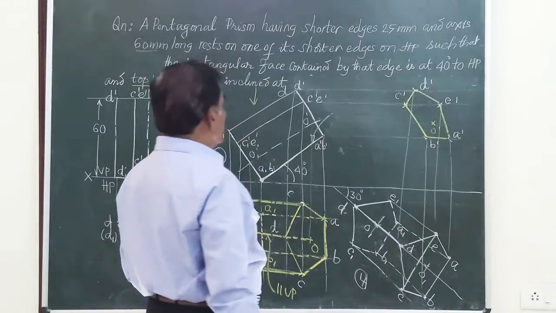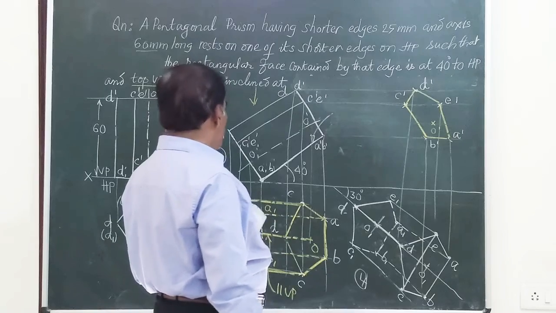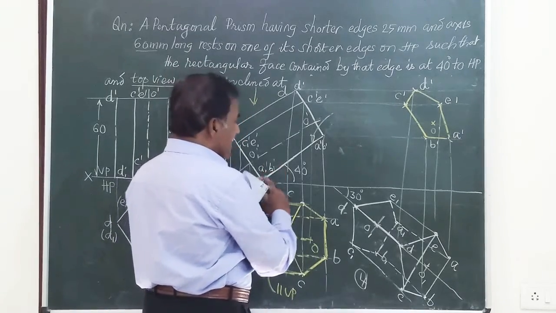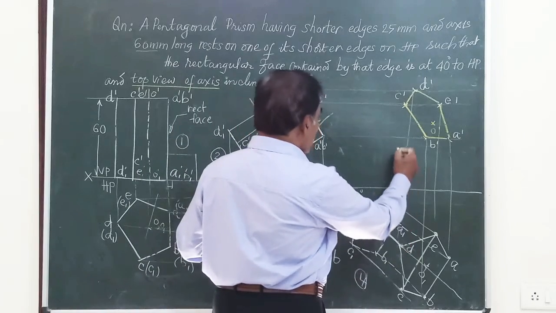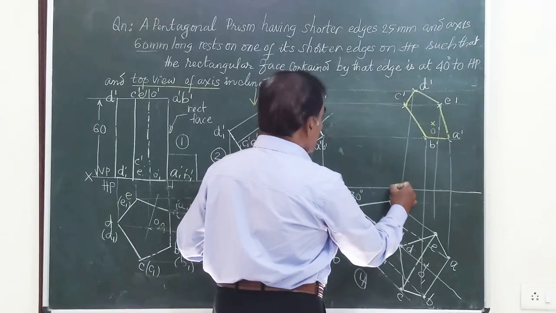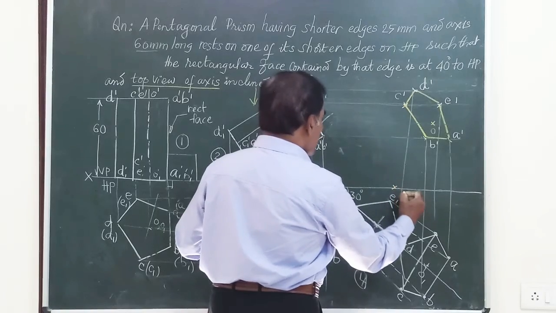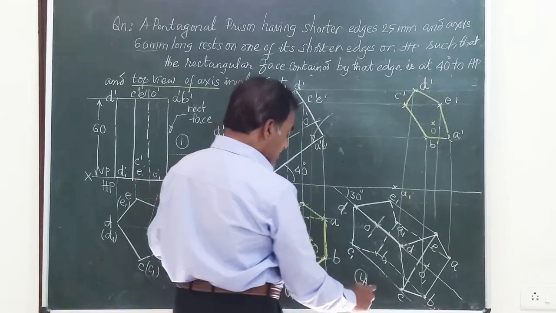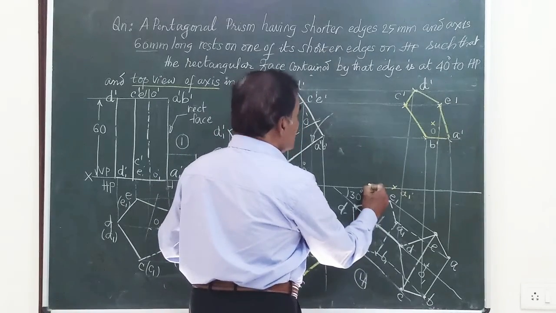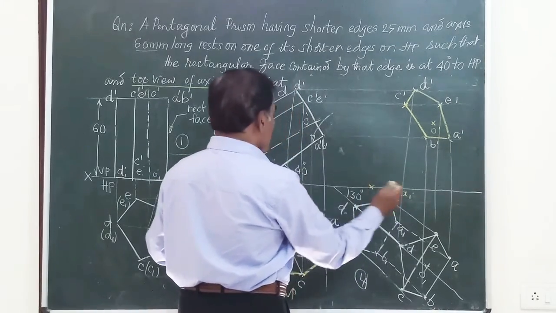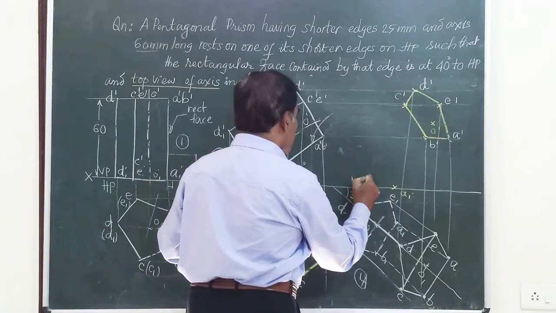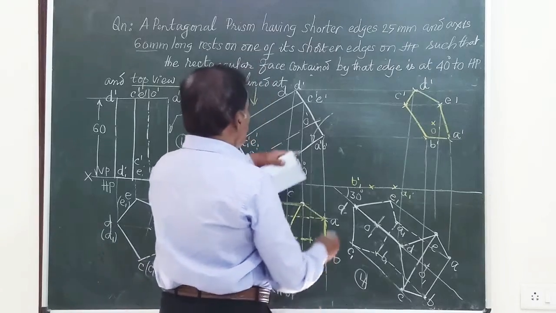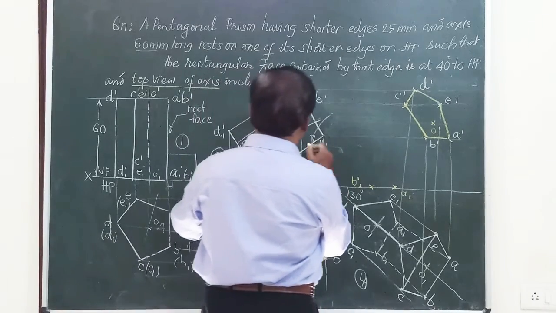Likewise, obtain similar 5 points for the bottom face. So let me start from the corner E1 dash. So a horizontal line from here, a vertical line from here, they meet somewhere here. This point is going to be A1 dash. Likewise B, a vertical line from here, a horizontal line from this side will give you B1 dash. Similarly, C and E will fall on this line.